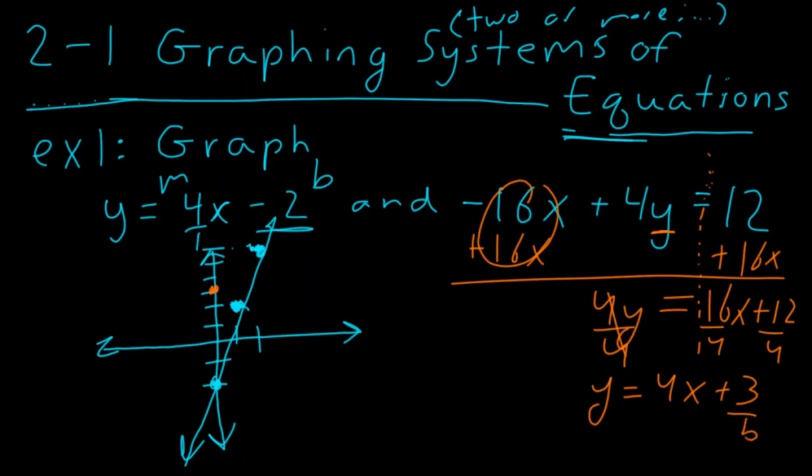And notice, I can definitely go up 4 and to the right 1 initially. I can go up 1, 2, 3, 4, and to the right 1. But I'm going to run out of room on my graph if I continue up. So let's go back to that initial point and do the exact opposite. Let's count down 1, 2, 3, 4, and to the left 1.